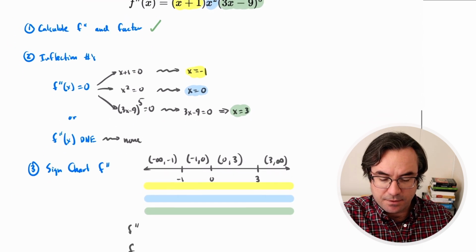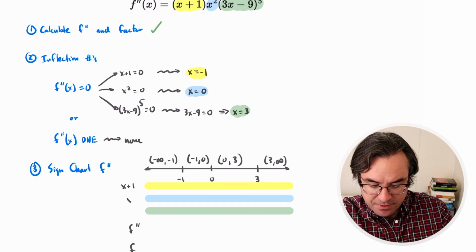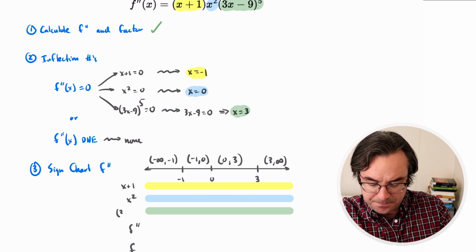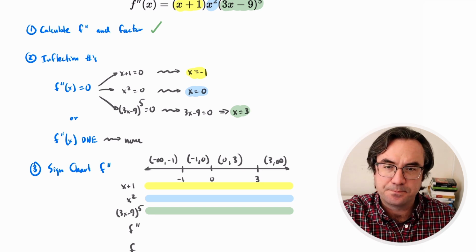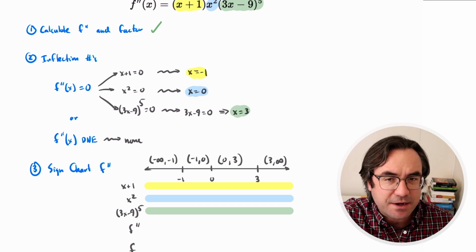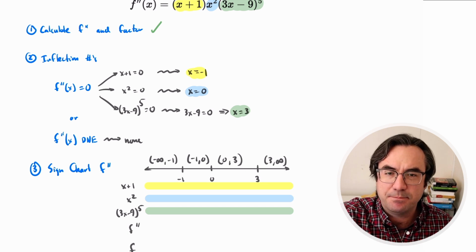So let's label our 3 factors here: x plus 1, that'll be the top one, then x squared, and then 3x minus 9 raised to the power 5. We're going to figure out the sign of each of these individual factors for the intervals, and then we'll put it together to get f double prime.